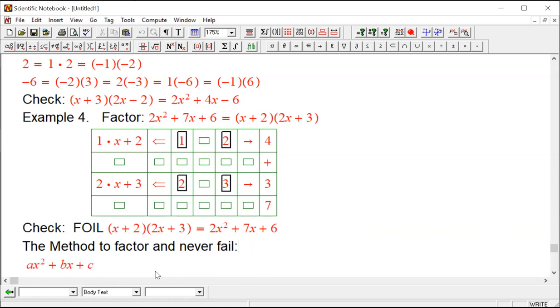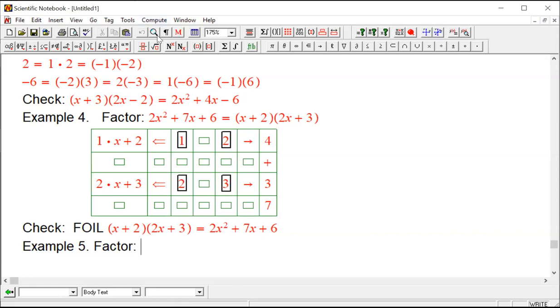And what is it? Using these methods, sometimes you find them very difficult. For example, let me give you example number 5 to try these methods before I give you that never-failing method.